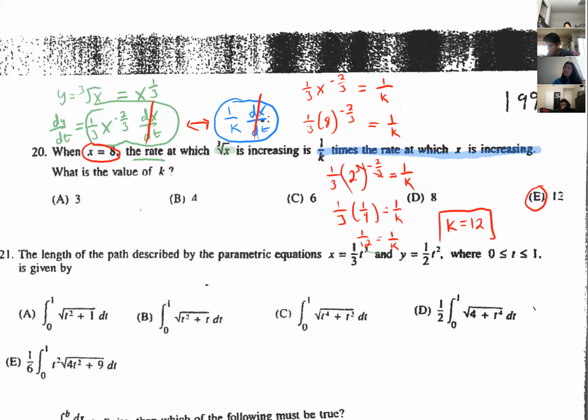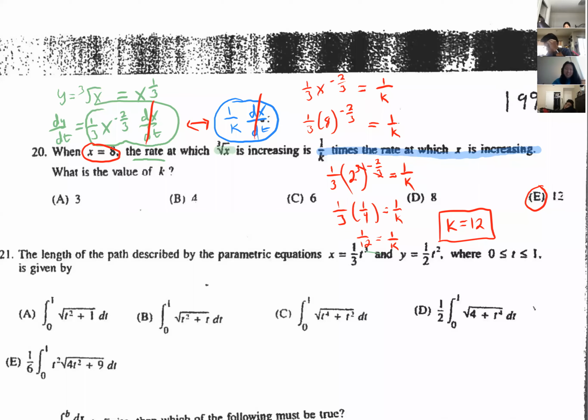Mr. Morrison, can you explain one more time why you set the derivative of x to the 1/3 equal to k, or 1 over k? Well, these are two different ways to describe a rate of change. So I can take the derivative, or I can use what it tells me is a rate of change.